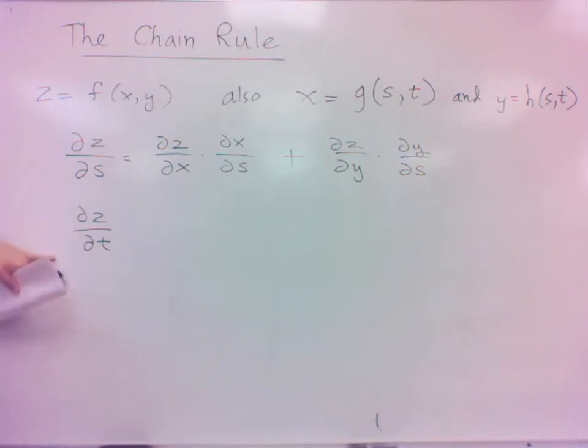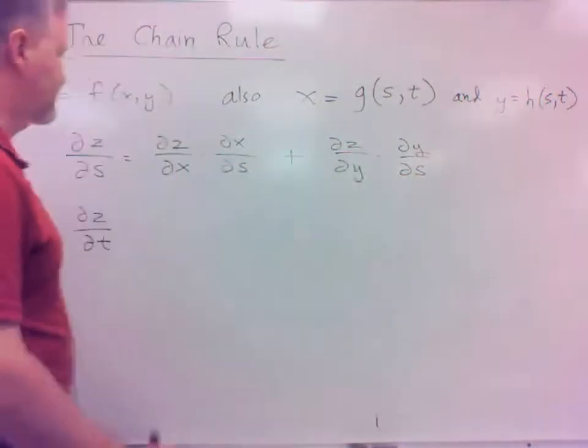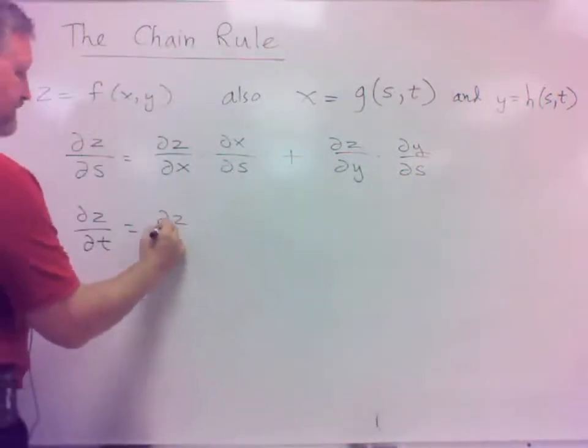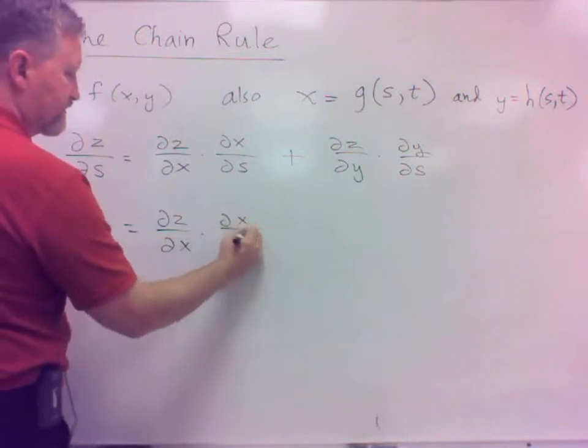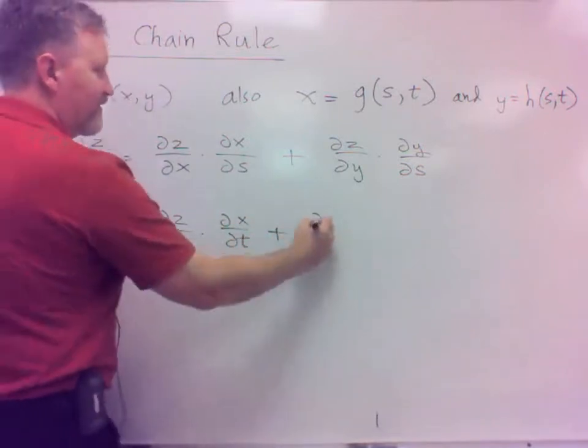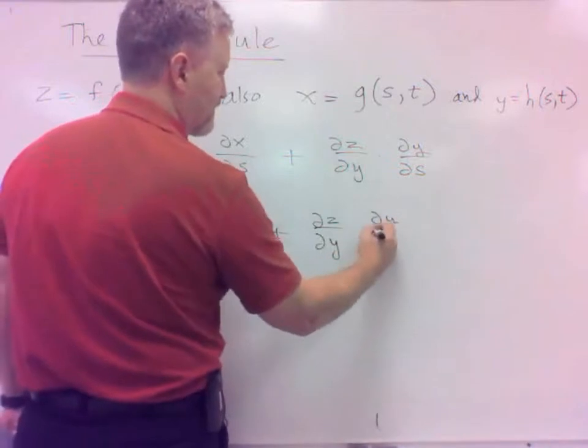And then the partial of z with respect to t, same thing, except these would be partials with respect to t. So it would be the partial of z with respect to x times the partial of x with respect to t, plus the partial of z with respect to y times the partial of y with respect to t.